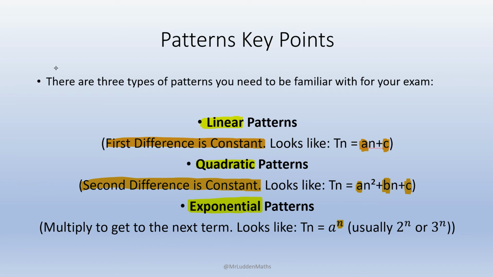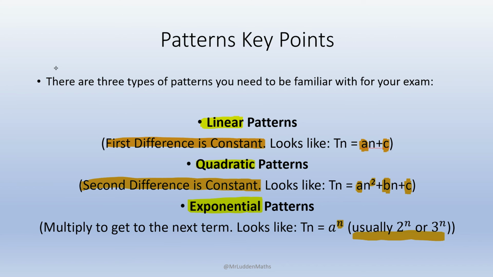So in the junior cert they usually talk about 2 to the power of n or 3 to the power of n, but just be careful, they could talk about 4 to the power n or any number really to the power of n. You'll notice the difference between your exponential ones and your linear and quadratic: in your quadratic, the 2 here does not change.